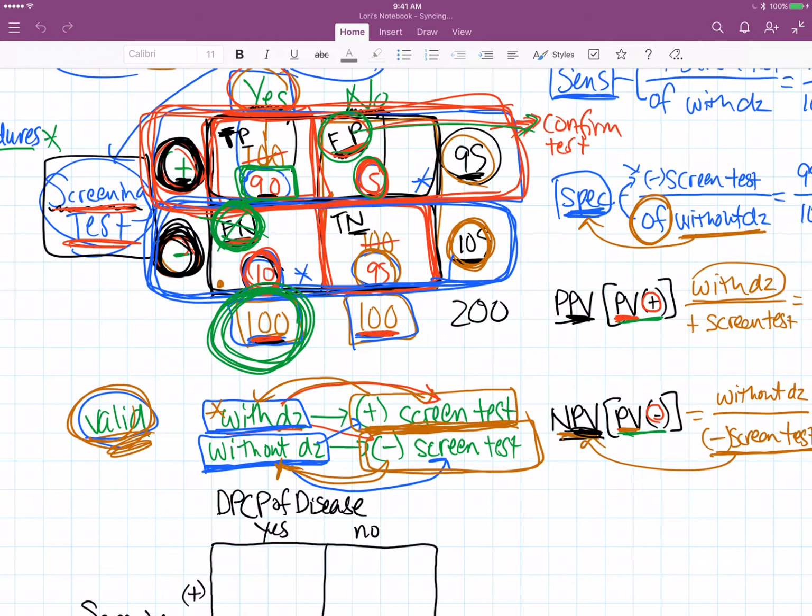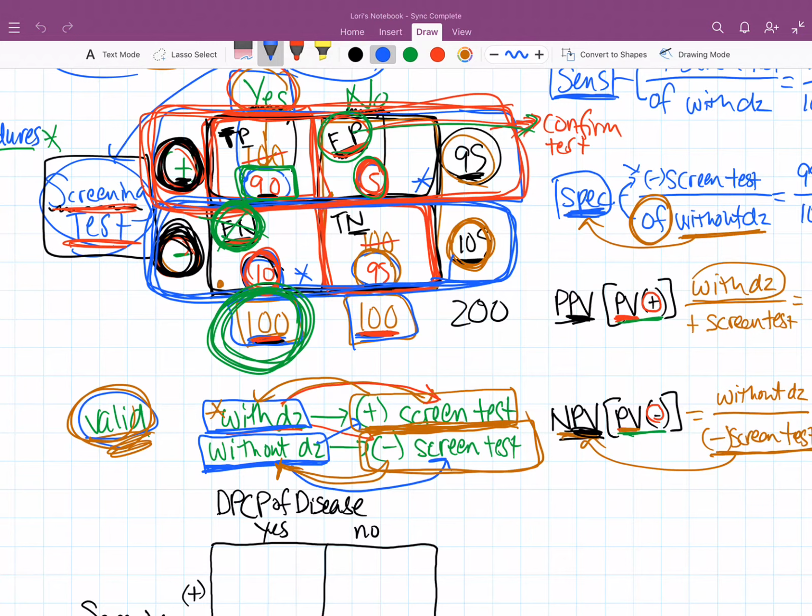And so we're going to compare a new scenario with these numbers that we have here. We're going to compare to the numbers 90, 5, 10, and 95. In this particular situation, of all the people with disease, 90% tested positive.